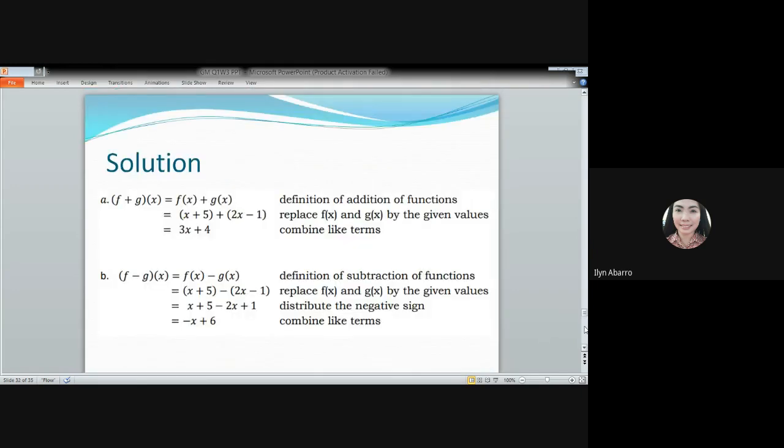For letter A, that is addition, f plus g of x will then become, or you distribute, f of x plus g of x. Okay, that is the definition of addition of functions. And then, after that, we're going to substitute the value of f of x from the given.